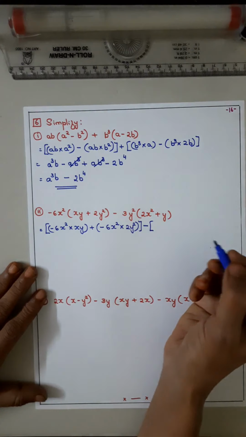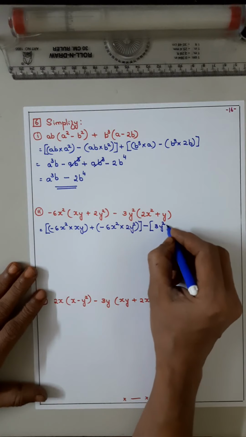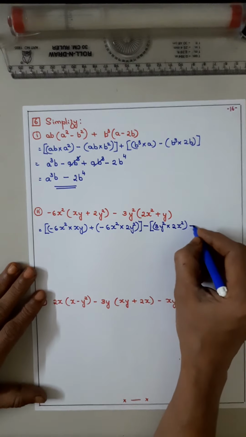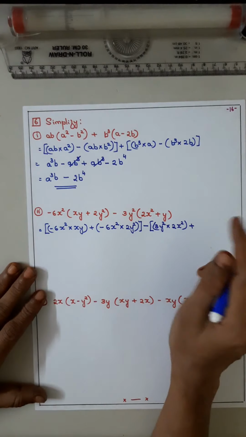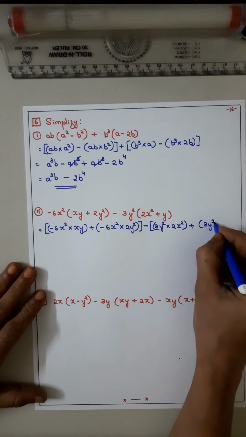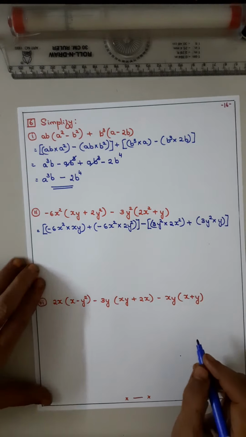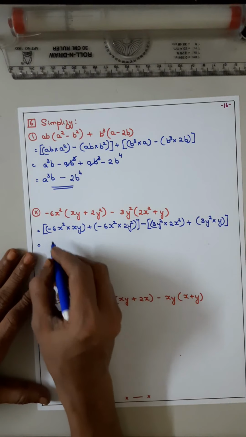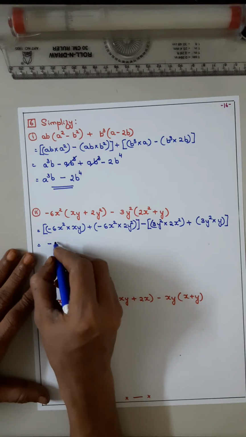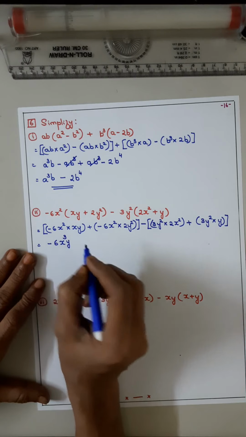Now bracket open, it will become 3y squared into 2x squared plus, now this one will become 3y squared into y. Okay. Now it will be minus plus minus 6 x squared x is x cube y.